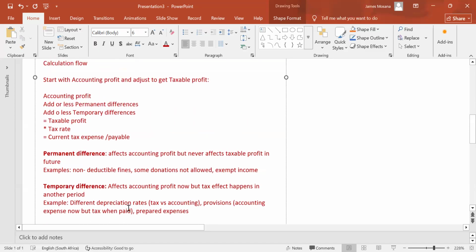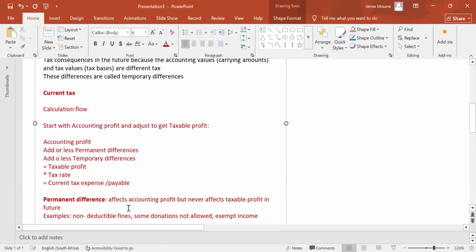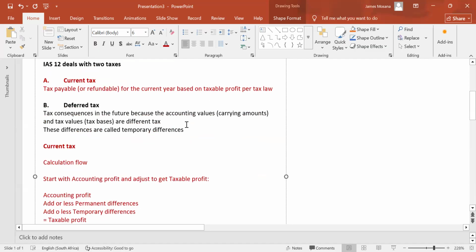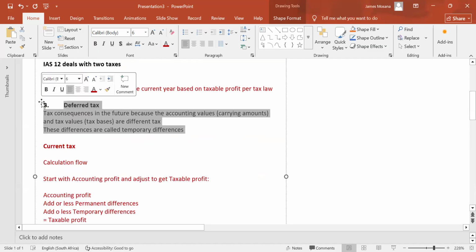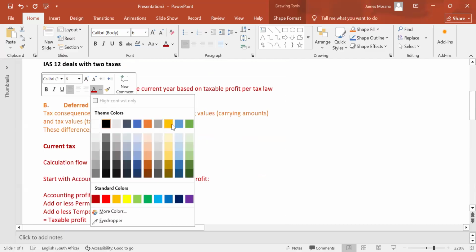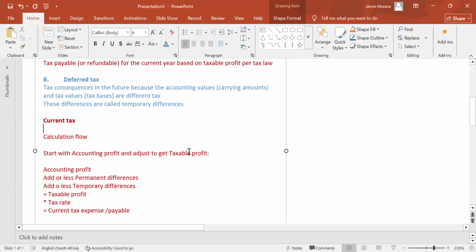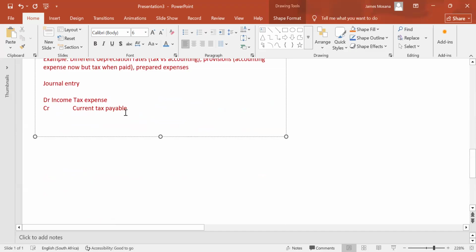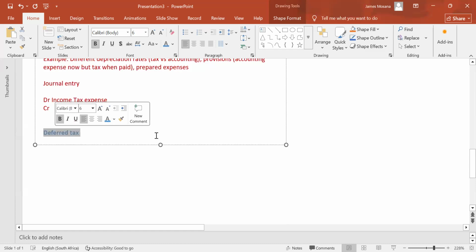So now we move to the other part, which is the deferred tax. Now, deferred tax, in this case, we are talking about the heart of IAS 12.